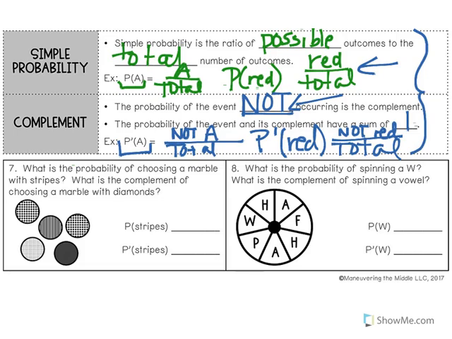Let's look at these 2 problems so you can understand a little bit more. What is the probability of choosing a marble with stripes? Stripes, there is 1 stripe out of 5. The complement of stripes is the not stripes. Well, there are 1, 2, 3, 4 that are not stripes, but there are 5 total.